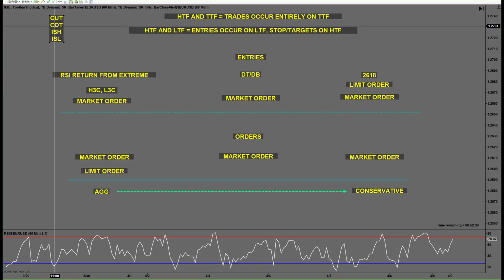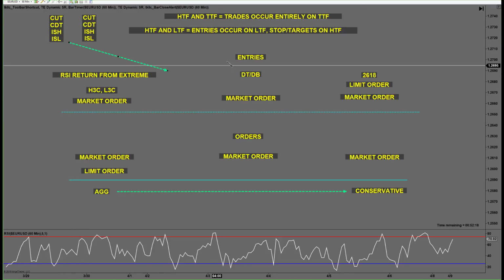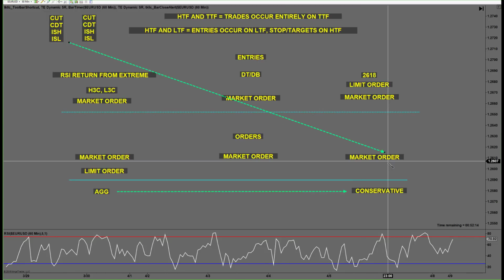Based on one of those conditions, we talked about this some weeks ago, I can have my HTF and my LTF. If I have a confirmed uptrend, I can have any one of these 4 things on my lower time frame. If I have a confirmed downtrend, I can have any one of these 4 things. What are you going to employ? Not only do you have to read the chart, you have to decide how you're going to get in.